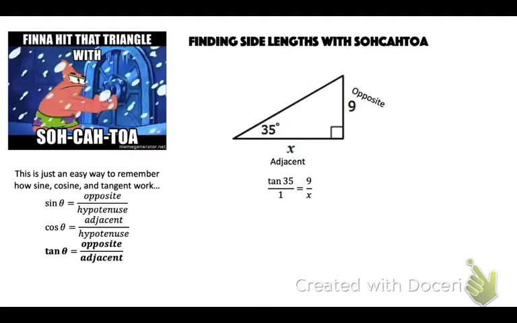But let's cross multiply it. So that's going to be x times tangent of 35 equals 9. So then I'm going to divide by the tangent of 35. So x equals 9 divided by the tangent of 35, which again, just put it in your calculator that is in degree mode, and you get approximately 12.85, which would have been my guess. I'm just kidding. Okay, cool. We good with that?